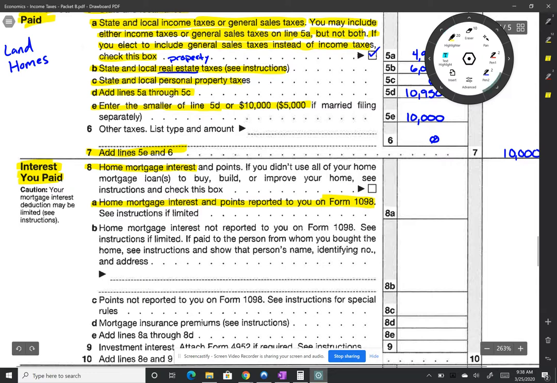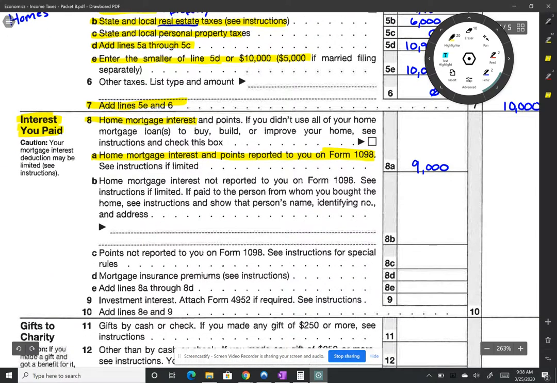So let's say it was, I think I used $9,000 yesterday. Okay, so $9,000 in interest. Mortgage interest, well, we don't need to worry about that. So that's going to be a 0.0. 8D, 0. Don't worry about that. Now we add lines 8A through 8D.